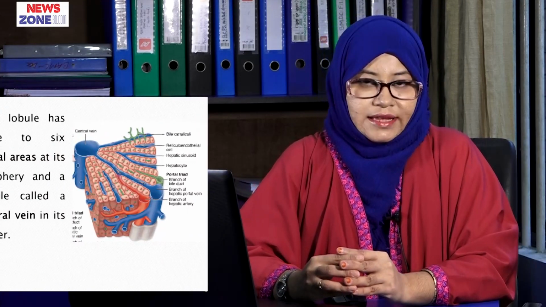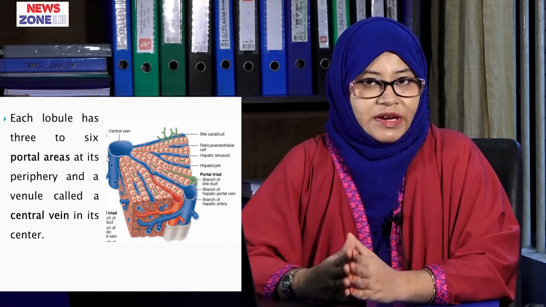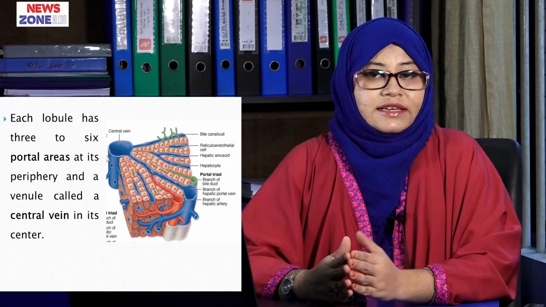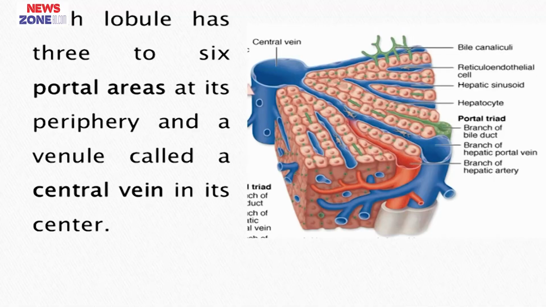Each lobule has 3 to 6 portal areas at its periphery and a venule in the center that is known as the central vein. In this figure, we can see this is the central vein and on its periphery there are portal areas.